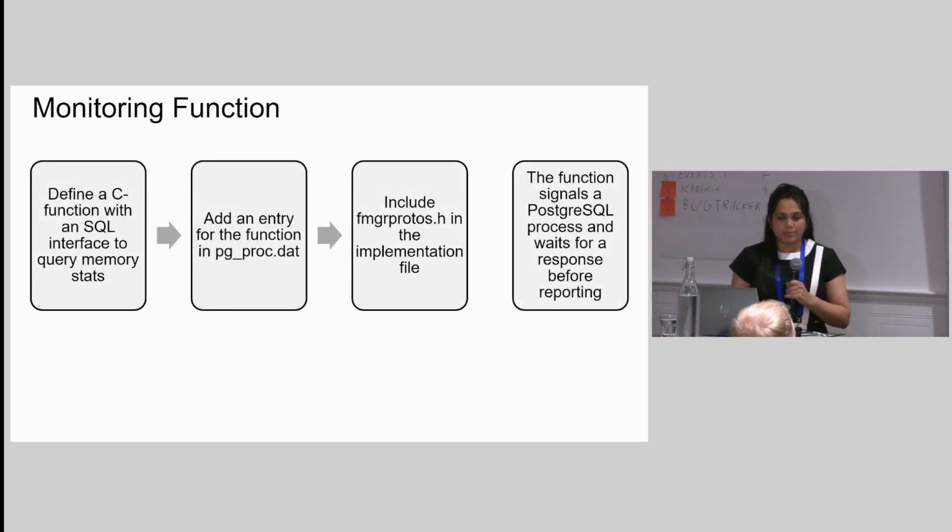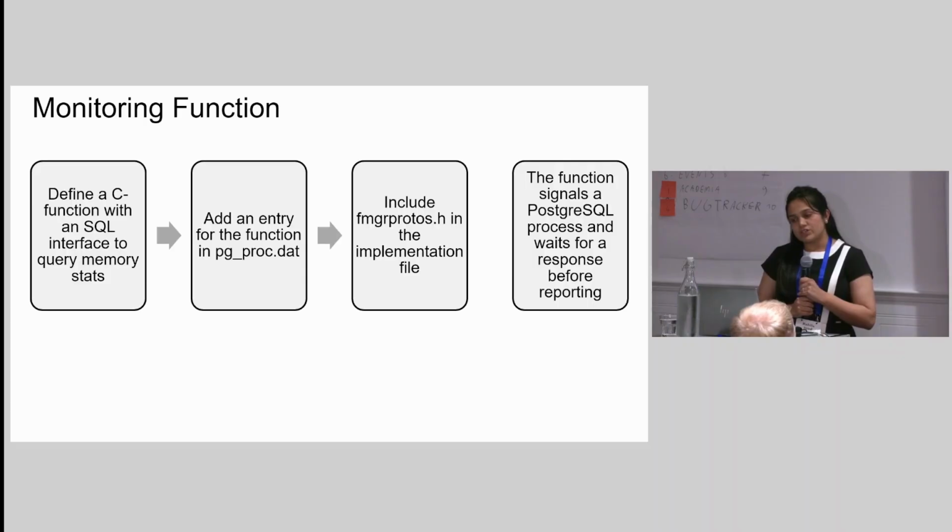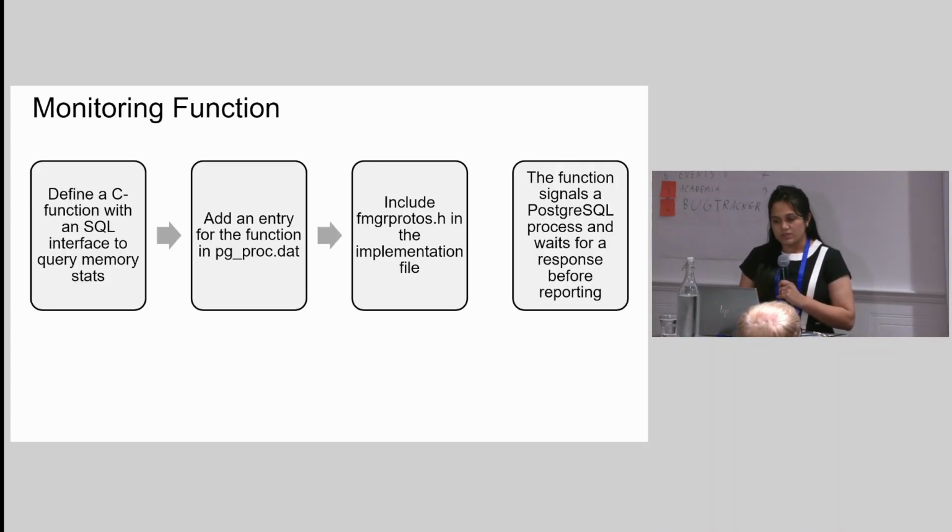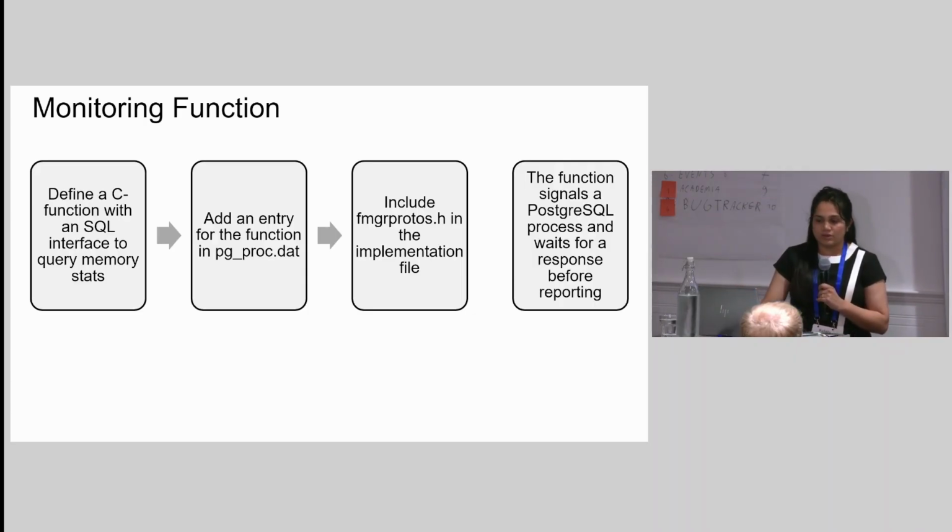Here I'm describing a bit of implementation detail of that monitoring function. What this monitoring function does is it signals a Postgres process and waits for a response of statistics before giving the statistics back to the user. How you do that in Postgres is you define a C function and provide an SQL interface for it.